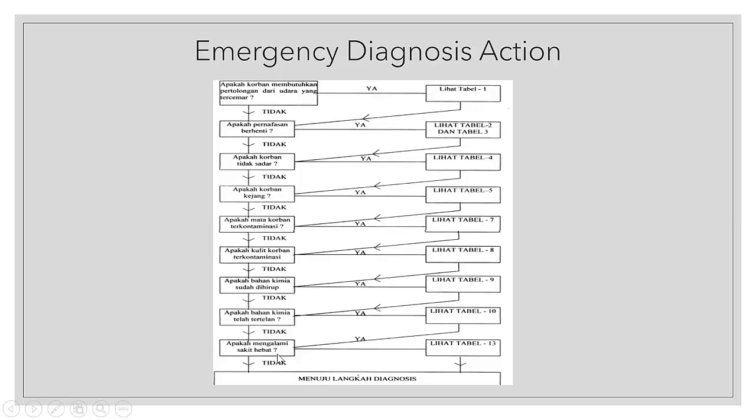And if no, whether the sick person becomes worse, or has very severe depression. So see table 13. So this is the last table, and go to the step of diagnosis.